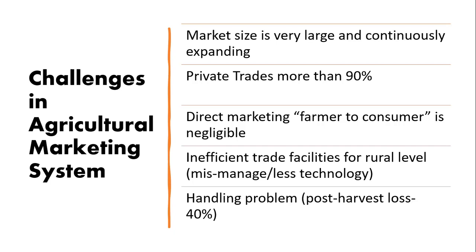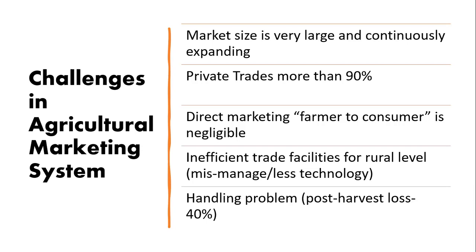And the inefficient trading facilities at rural level. In rural scenarios, you know that technologies are less and management is less, and losses and insufficient production occur every day at rural levels. The facilities do not encourage farmers to be market oriented, right? And the handling problems: you know that around 40 to 45% of produce is lost due to post-harvest handling.